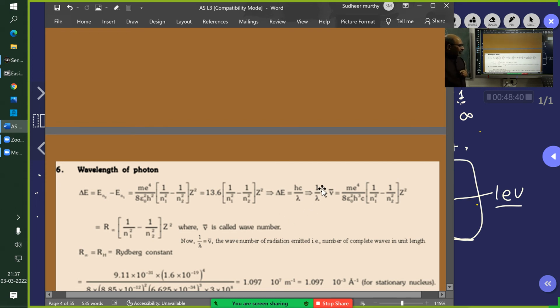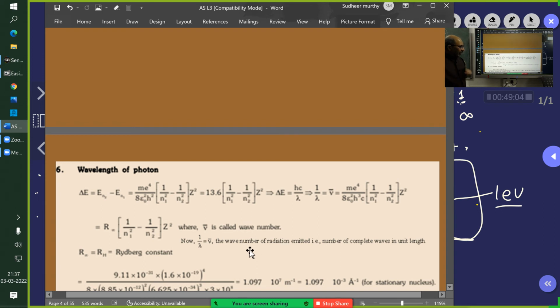Now in the case of waves also, we have studied wave number. You remember? So wave number is 1 by lambda. So nu bar is the wave number. 1 by lambda is equal to nu bar.